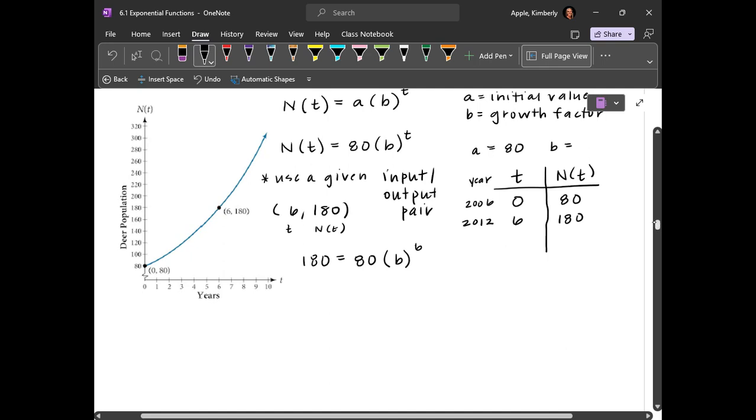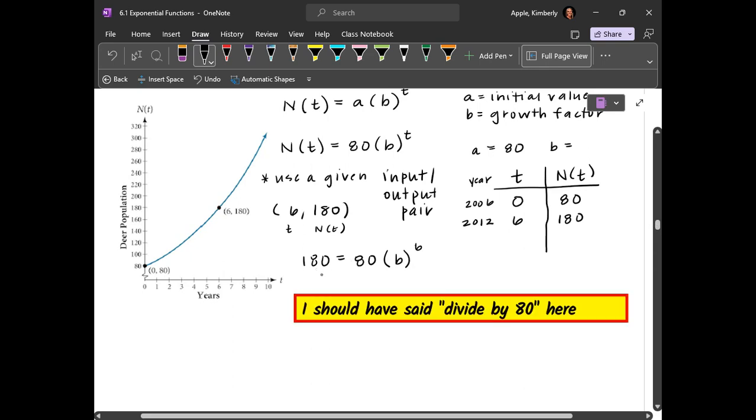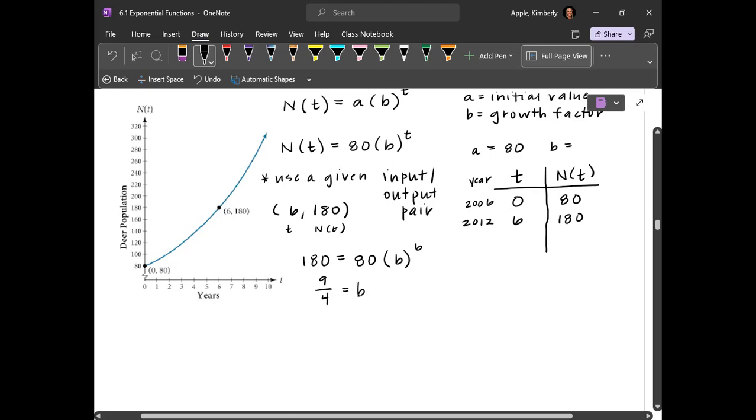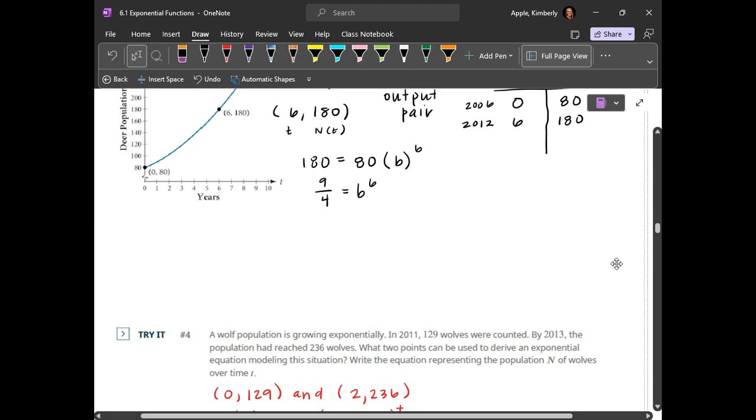So the next thing I need to do here is isolate this variable. And to do that, I'm going to divide by 180. So what I'll end up with here is 9 over 4. And one of the important things in this particular type of problem is we do not want to round or do a decimal approximation until the very end. So you'll see me leaving fractions and stuff like that in until we're done.